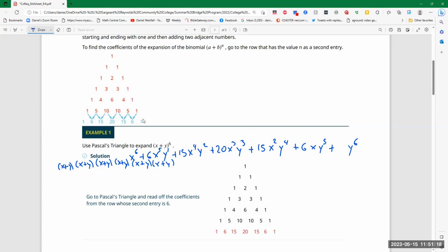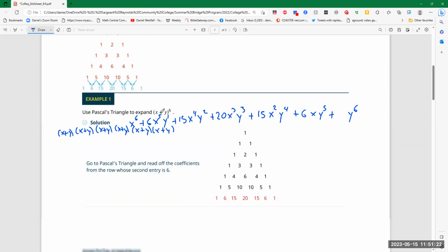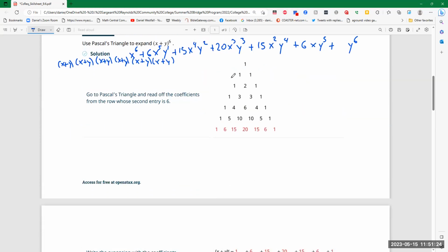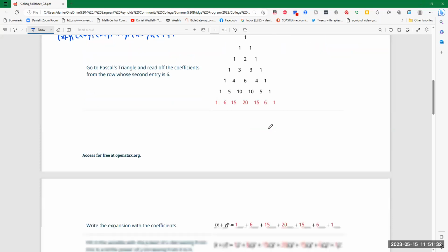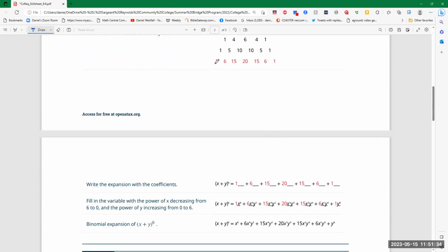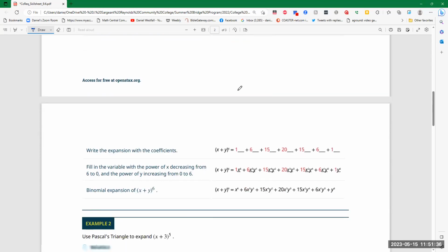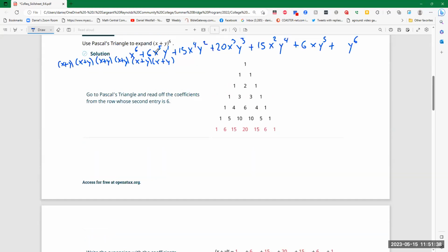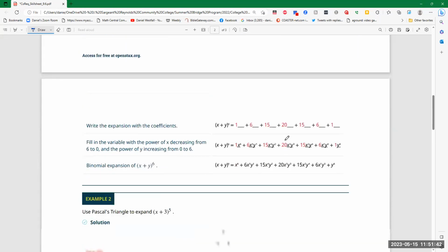This just gets us the answer in pretty much one step. So a much more efficient tool, as long as the n is not too large here and we don't have too many rows of Pascal's triangle. Even if n was larger though, Pascal's triangle would still be more efficient than doing it by hand.